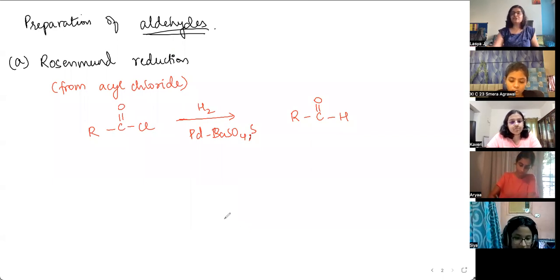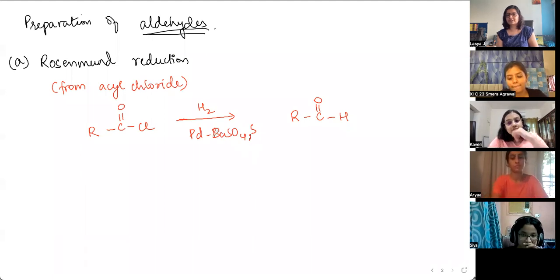So usually when you use a nickel or platinum or palladium catalyst, that's a standard reagent for hydrogenation, right? When you have hydrogenation of alkenes, alkynes, things like that. But when you want to control that hydrogenation, you poison it a little bit, which is why you end up adding a bit of barium sulfate and sulfur.